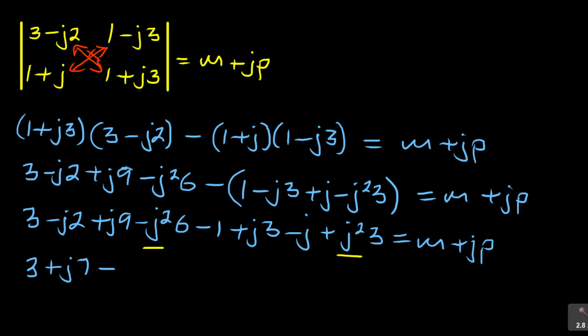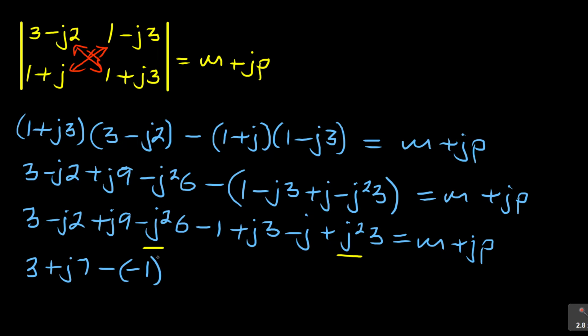Now remember, j squared is minus 1. Remember, j here is the square root of negative 1. So j squared is negative 1. Remember that. That's why I'm simplifying that.